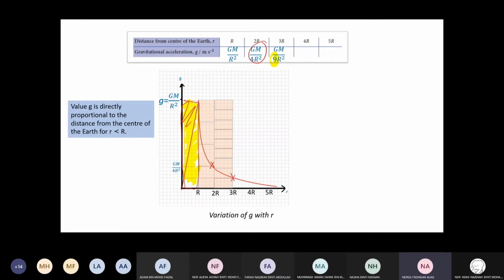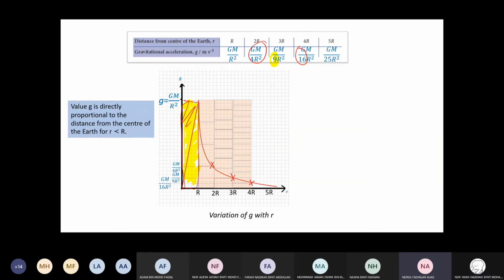And then next, 4R. When the distance is 4R, GM over 16. That means from that 1, we divide into 16 parts: 1, 2, 3, 4, 5, 6, 7, 8, 9, 10, 11, up to 16. So this one, 1/16 only. And then we do the same for 5R.